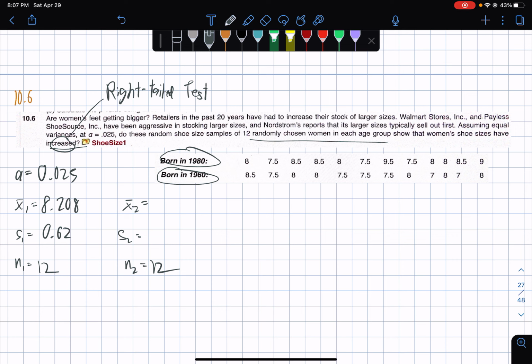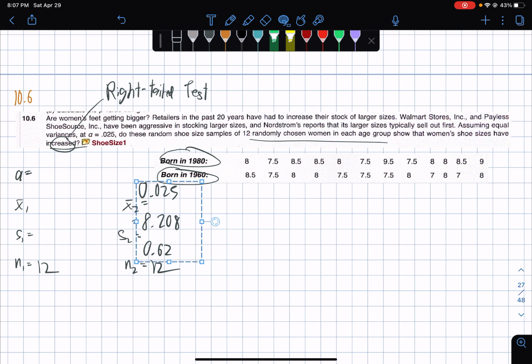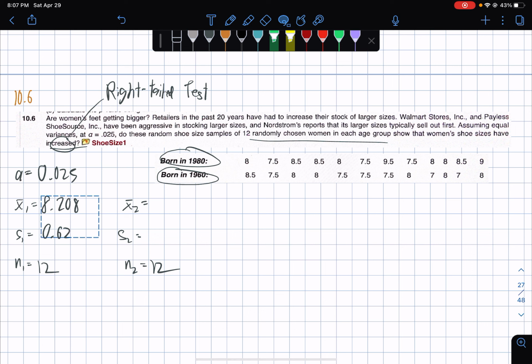Now, wait, this is 1980. Supposed to be, shoot. Okay, for the ones in 1960, let me just label that.